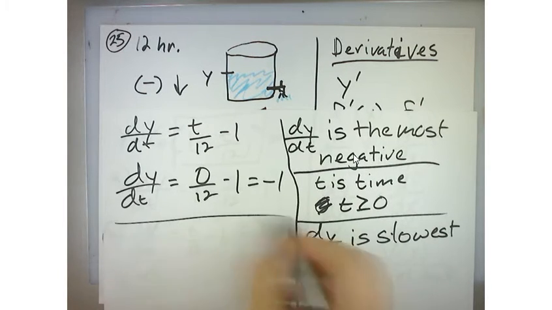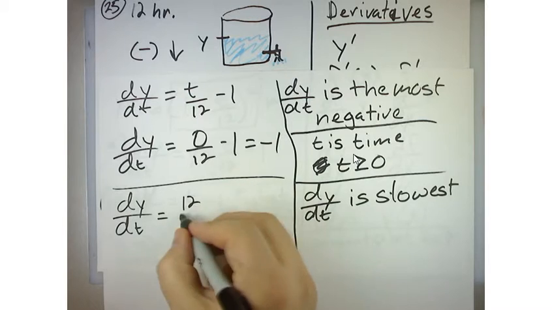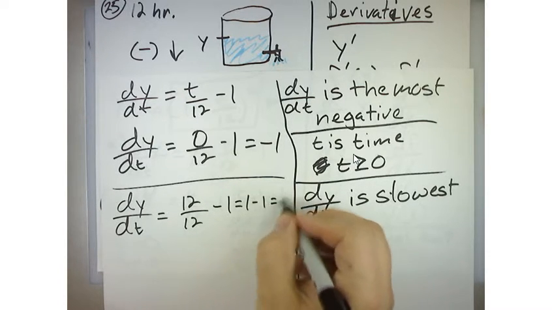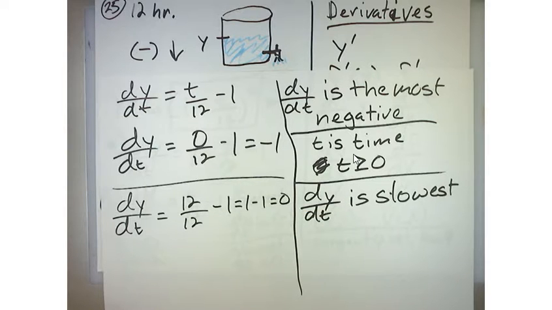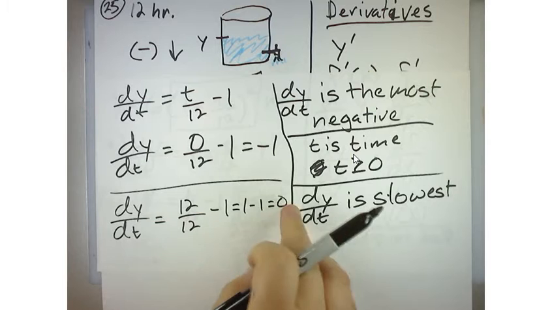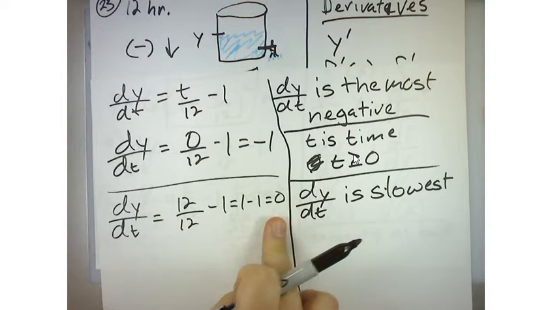So what I'm going to look at is dy/dt, and that occurs at 12. When t equals 12, I get 1 minus 1, which is 0, the closest I can get to a positive number. What is that saying? The change in the water level is 0. That occurs right before the last drop of water falls out of that tank. Does that make sense?